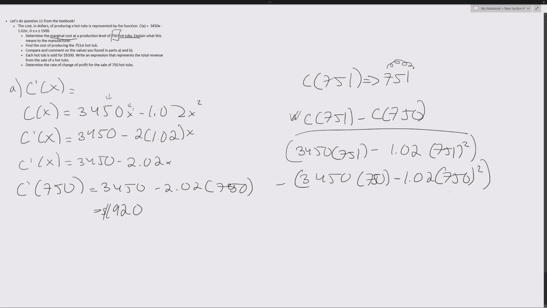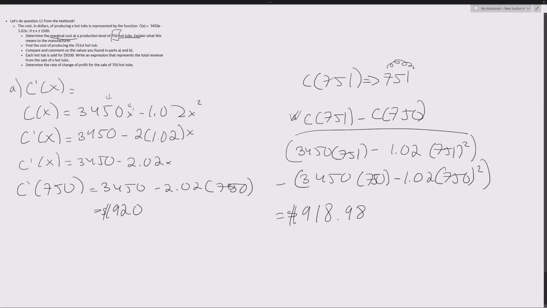Now if you put this into your calculator, you should get something along the lines of 1,918.98, which is $1.02 less than the 750th one.